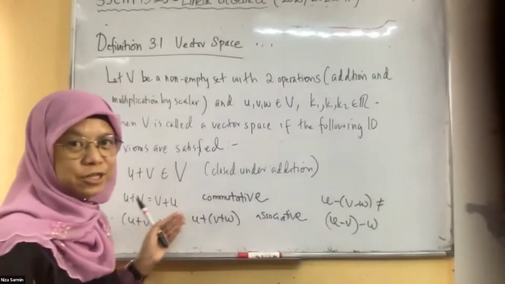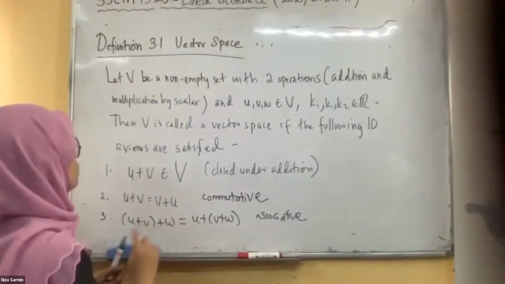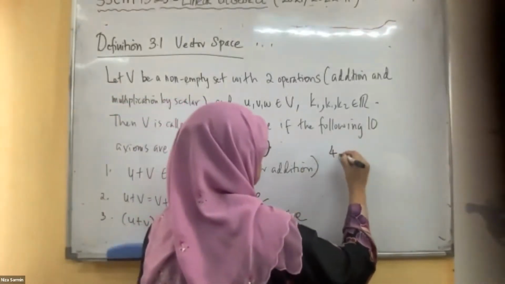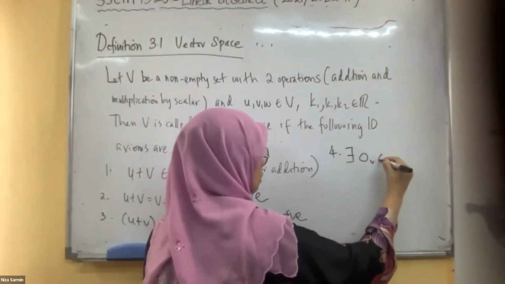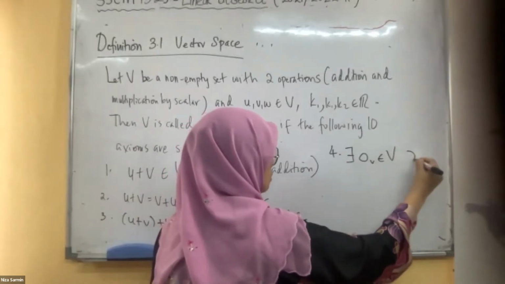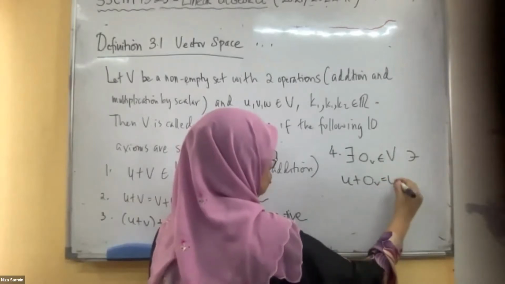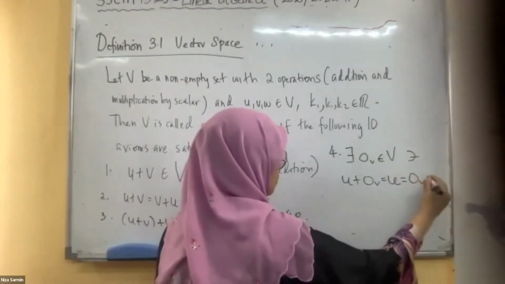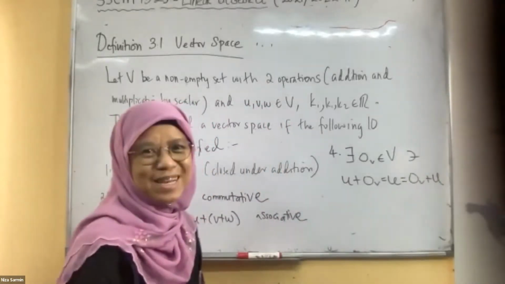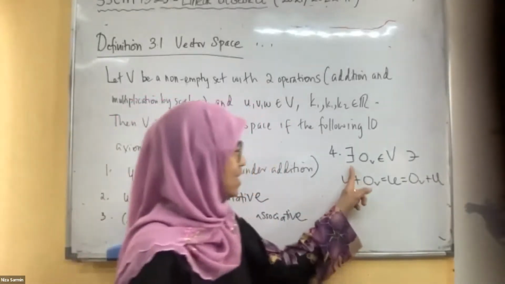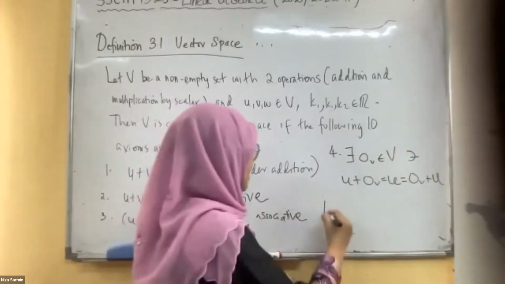These are all still addition. For number 4, okay, so I put here, there exists 0v in V such that u plus 0v is u, which is 0v plus u. What does this mean? There exists, you know, E is like this.